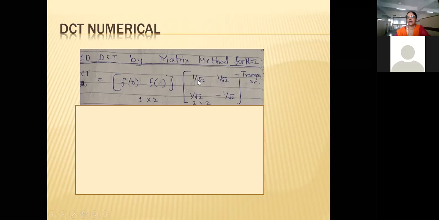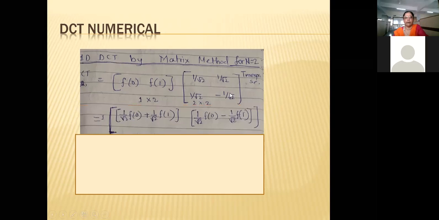So we should consider here DCT transpose. So take the transpose of this matrix, which is actually the same as this matrix. Okay, so we can perform this multiplication: f0, f1 multiplied by the first column gives this value as the first element, and f0, f1 multiplied by the second column is as shown here.